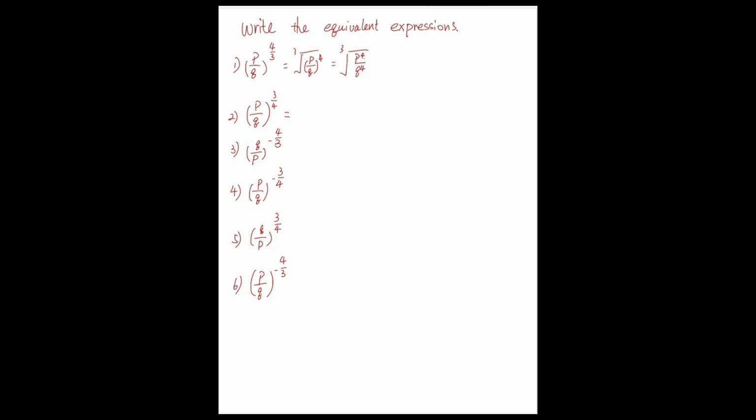Okay, and for number 2, we can write the 4th root of p over q to the power of 3, and then distribute the exponent to each part. Okay, and for number 3, we need to solve the negative sign first. So we need to flip the fraction, and we can get this one, and then we can find this expression is the same as number 1, so the answer is this.